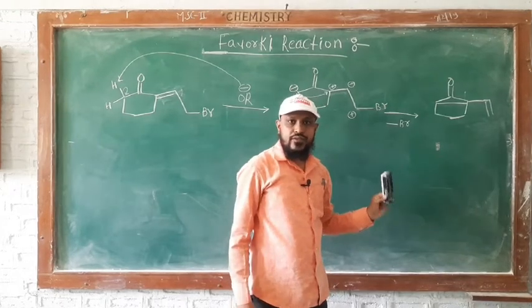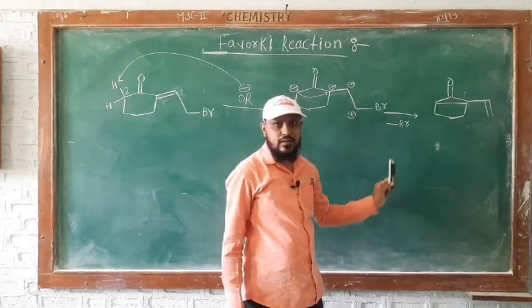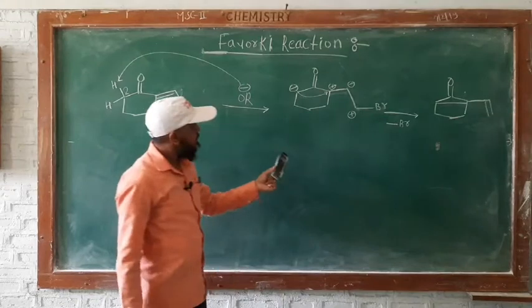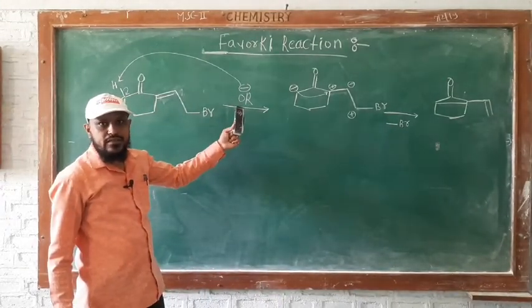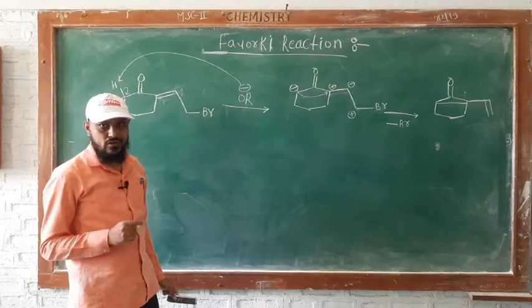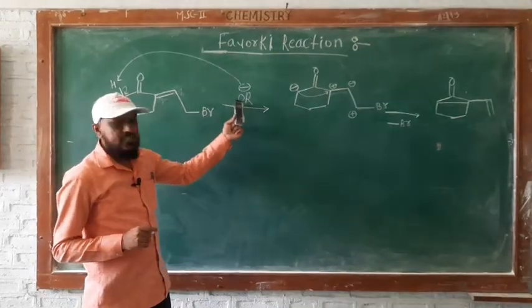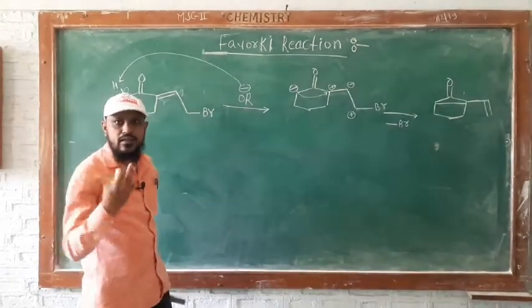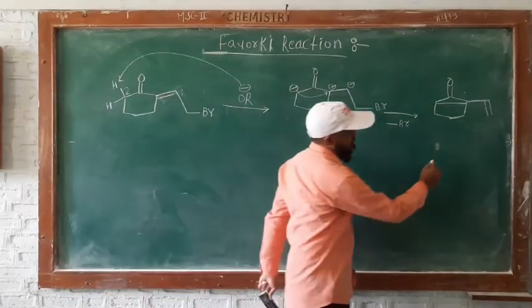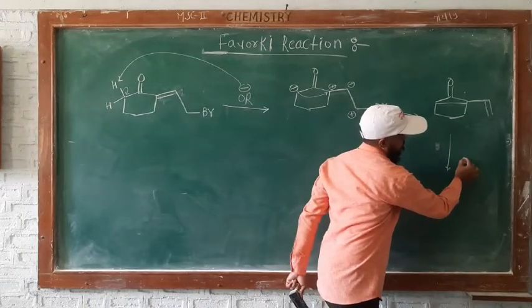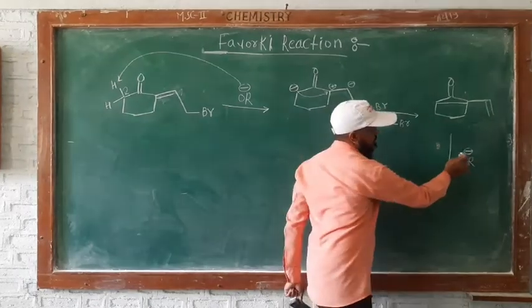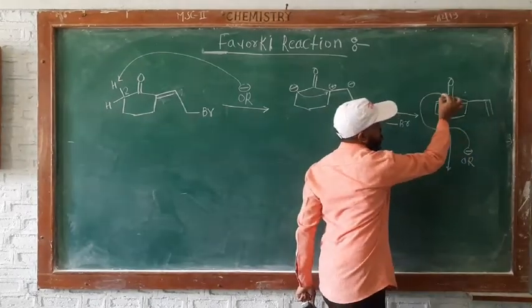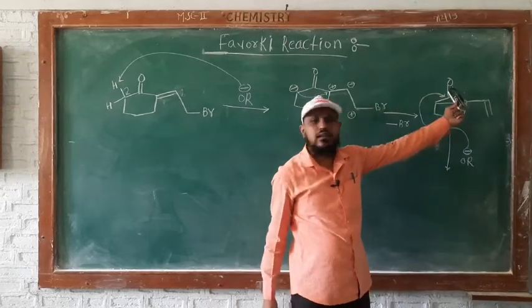After the formation of this intermediate product, there is the remaining alkoxide group. We know that in the Favorskii reaction the base is used in excess quantity. So firstly this base acts as a base, and the remaining reagent acts as a nucleophile. This alkoxide nucleophile attacks this electrophilic carbon atom of the carbonyl compound.